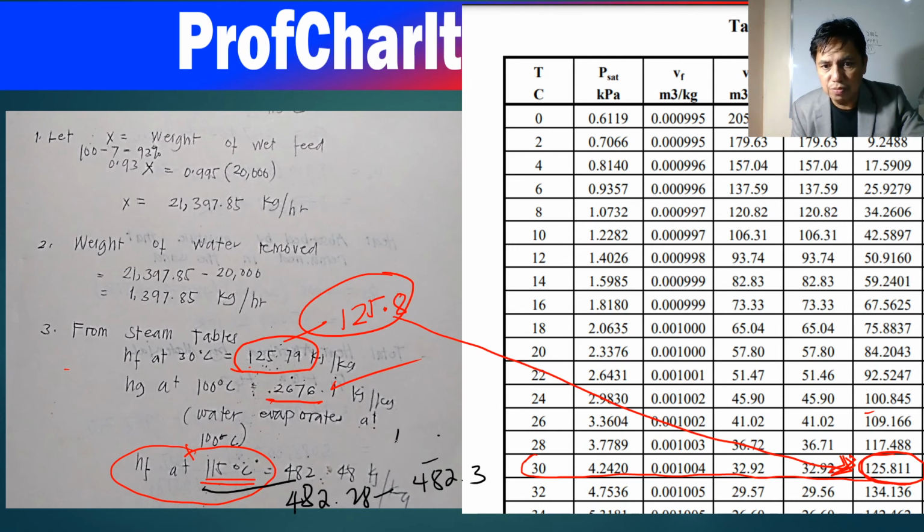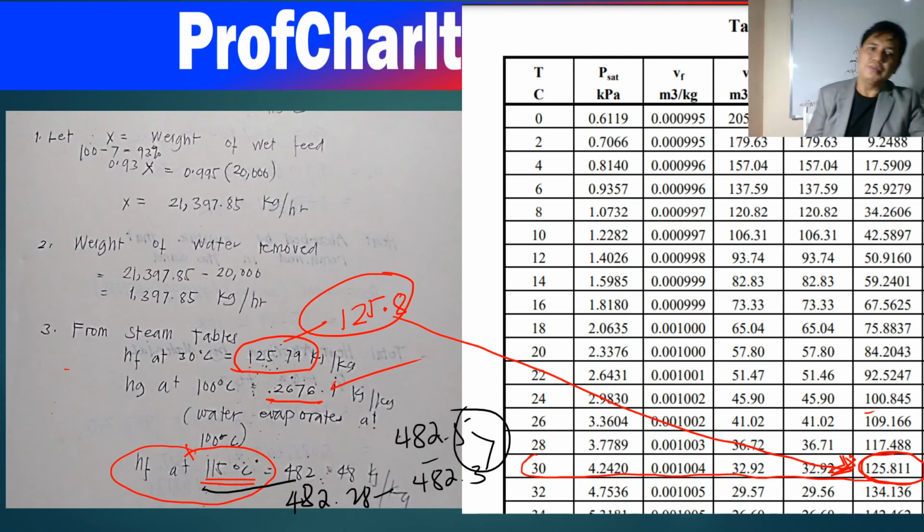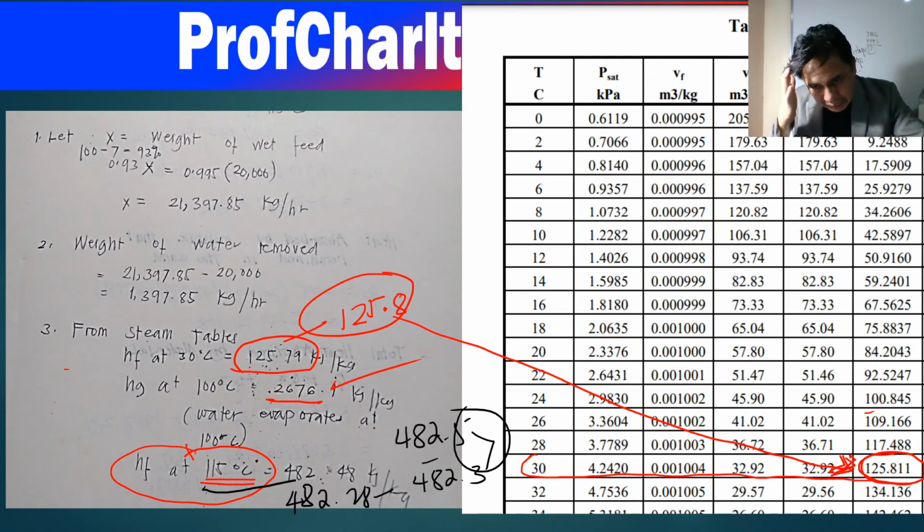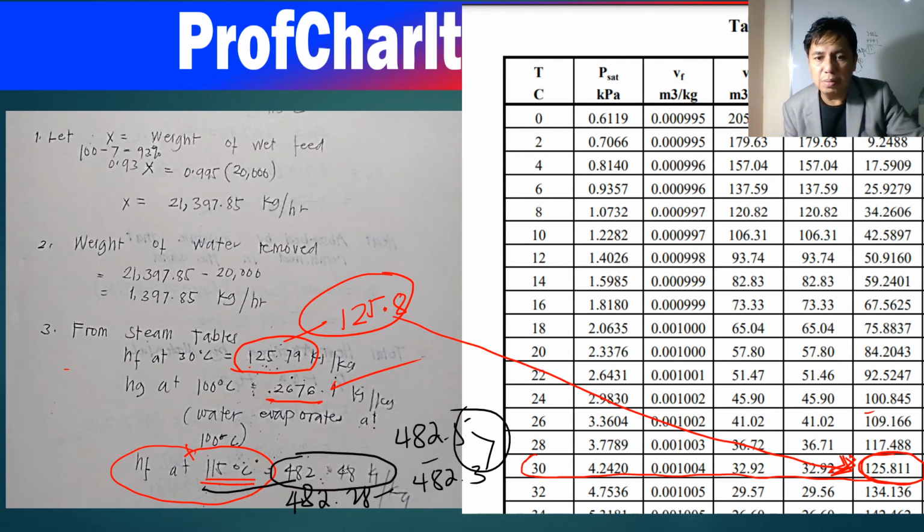So between 482.5 and 482.3, not so much of a difference, so it's okay. Again, I would like to use the old notes because it's already calculated. We just use later the 482.48 or 482.4, because it's already there.